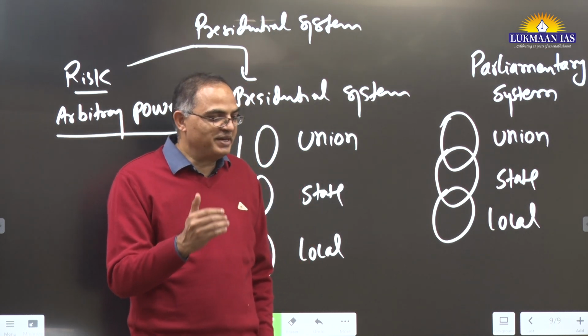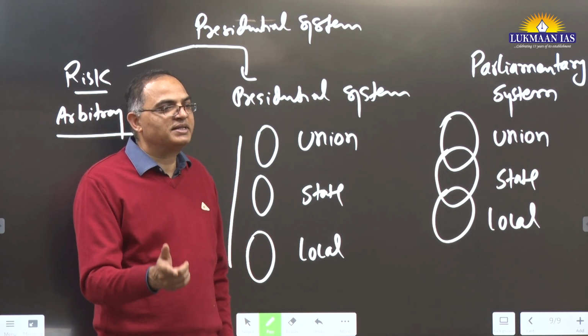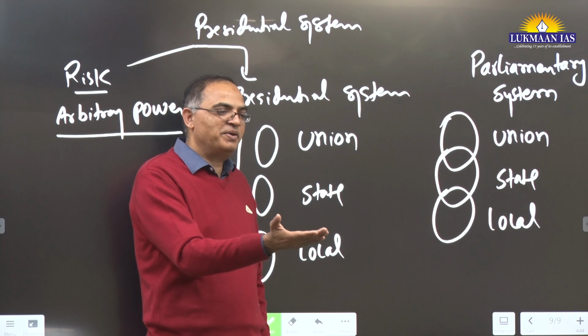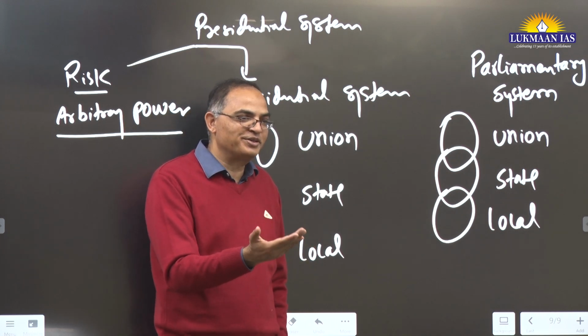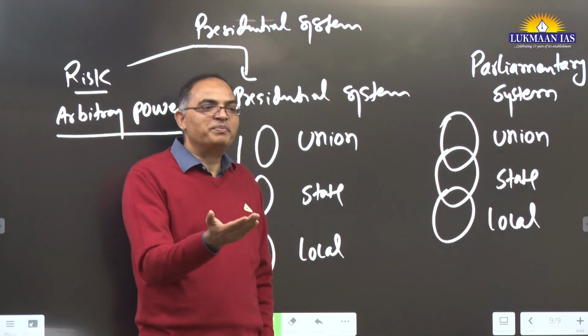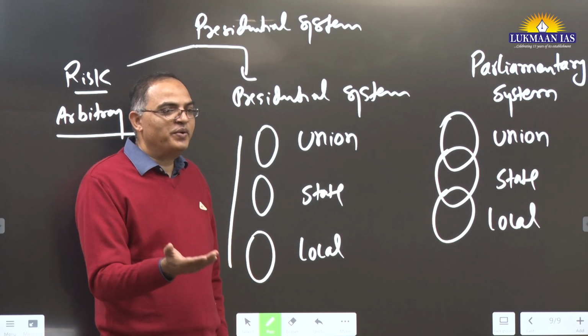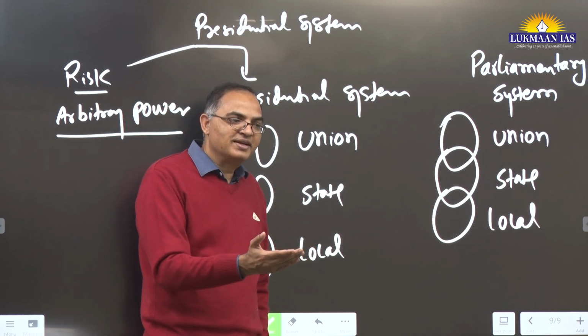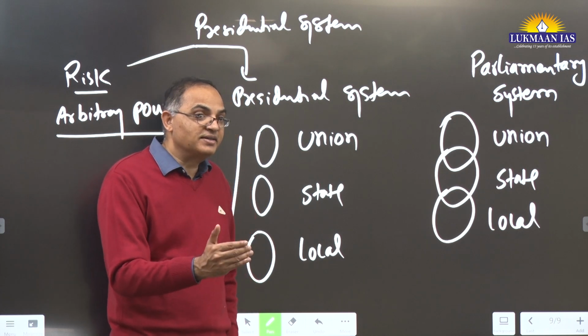It has also experienced emergency and arbitrary exercise of powers. In fact, arbitrary exercise of power can be even worse than in a presidential system, the way machineries are misused, the way UAPA, National Security Act, and others are misused. That way we can consider.